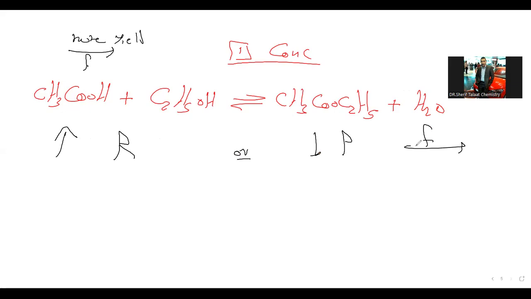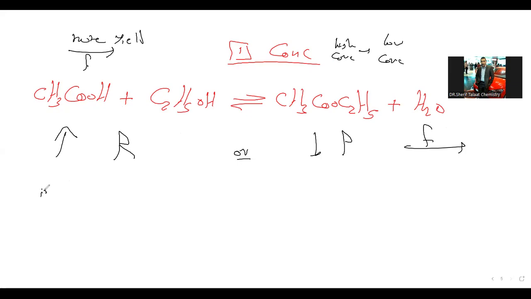Again, we said that the concentration moves from high concentration to low concentration, from high to low. So if we increase reactants or lower products, this means that the reaction moves forward.